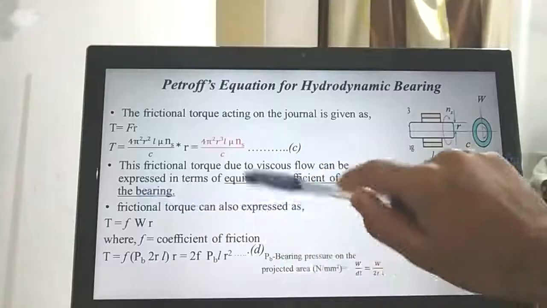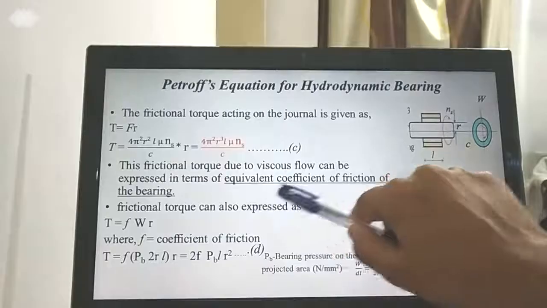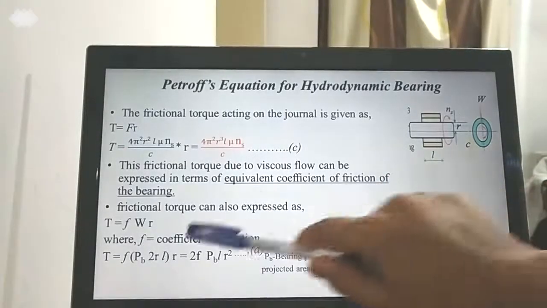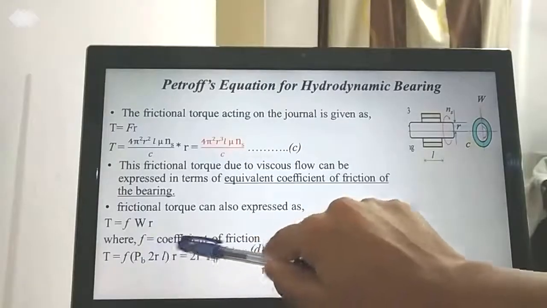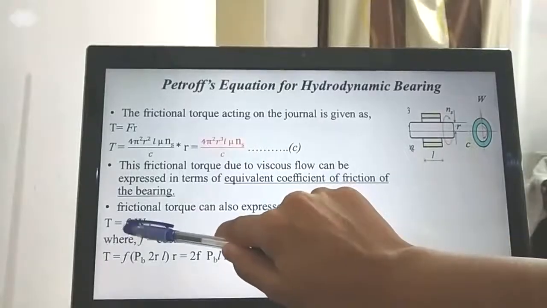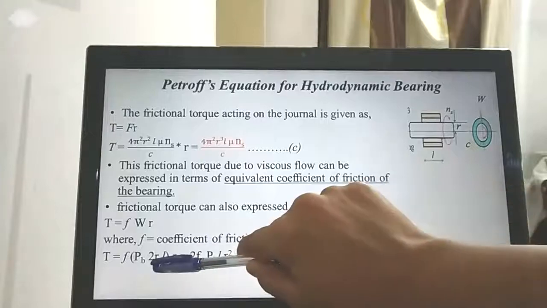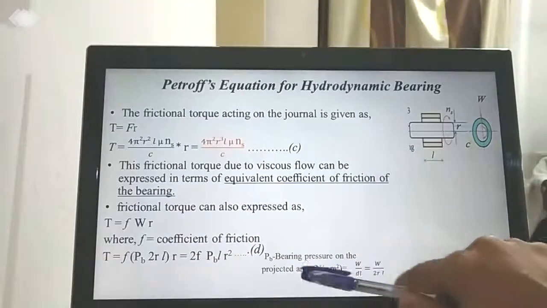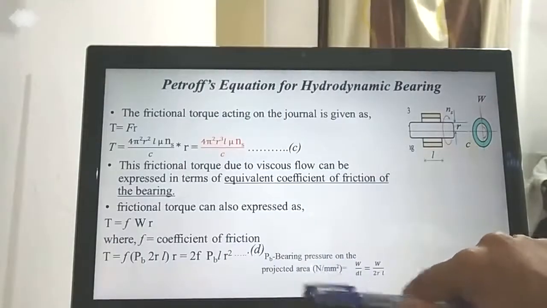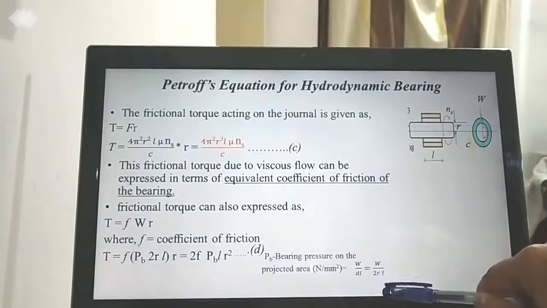But the frictional torque due to viscous flow can be expressed in terms of the equivalent coefficient of friction of the bearing. Let small f be the coefficient of friction. So we can write frictional torque is equal to f into WR. What is W? We have PB, the bearing pressure on projected area, PB is equal to W divided by 2RL.